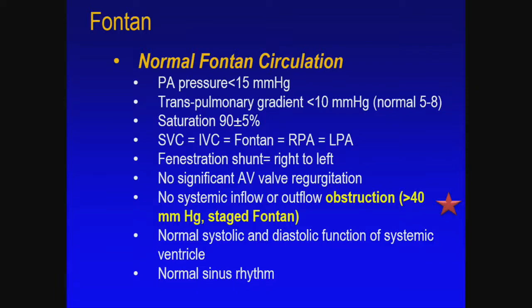Why? Because if you have significant outflow tract obstruction, it causes ventricular hypertrophy. Ventricular hypertrophy causes diastolic dysfunction. And if you have a thick, non-compliant ventricle and you do a Fontan, your Fontan won't work well. That's the basic idea behind delaying the Fontan, doing a staged procedure.